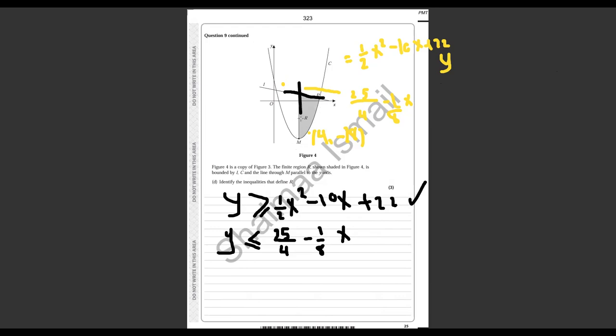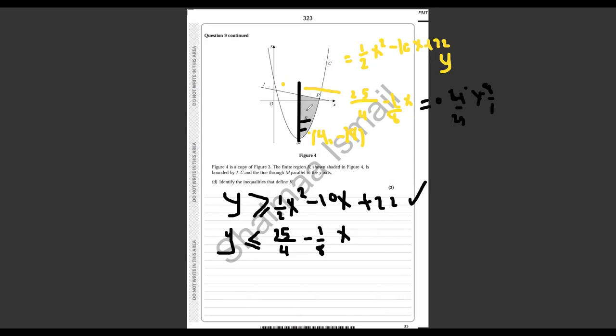The x here is the turning point, which is equal to 4, and the point P has an x coordinate here.